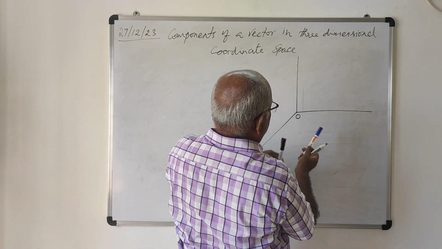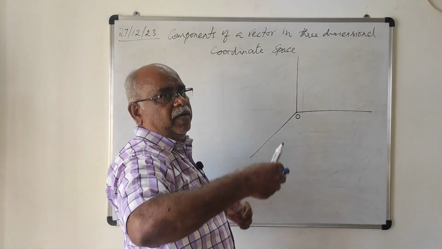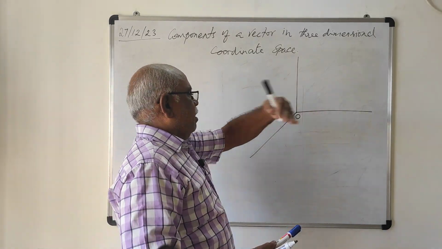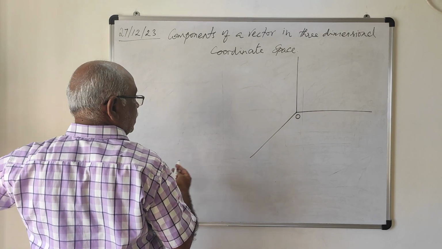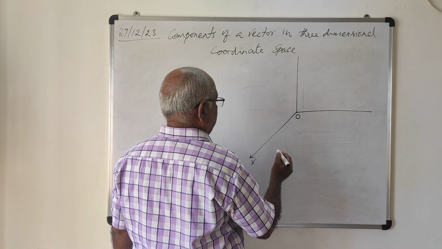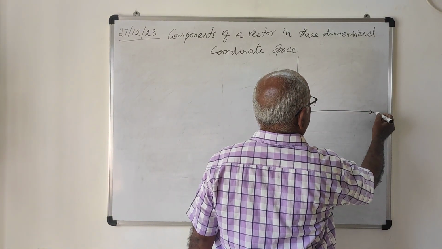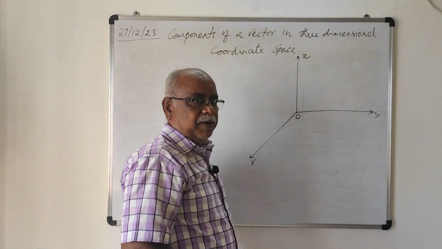In this direction you cannot draw. That's why you assume that this line is actually projected outward from the backboard. Okay, that is your x-axis. This is your y-axis and this is the z-axis. This is the three-dimensional coordinate system.